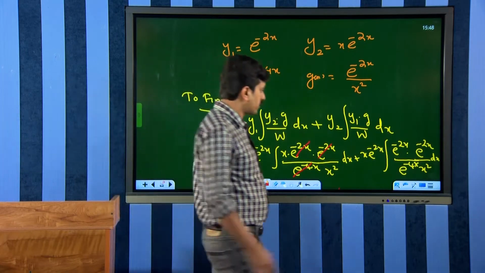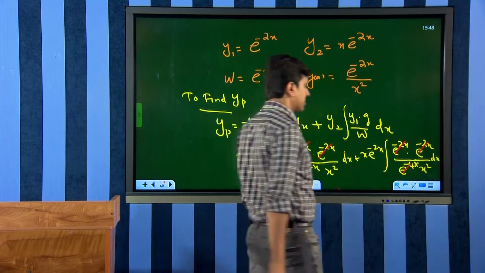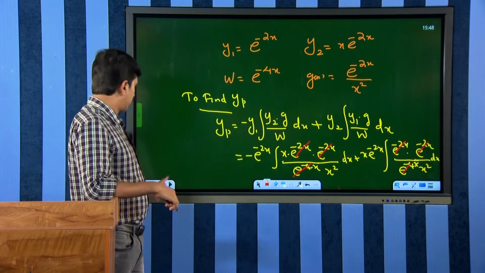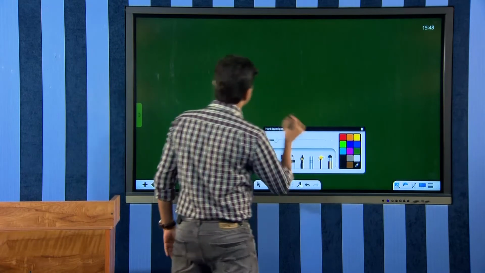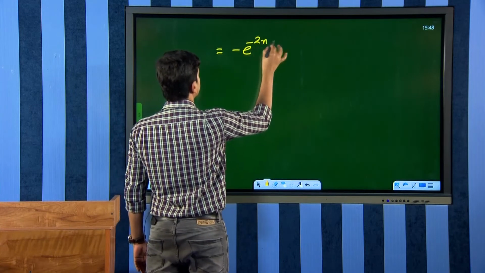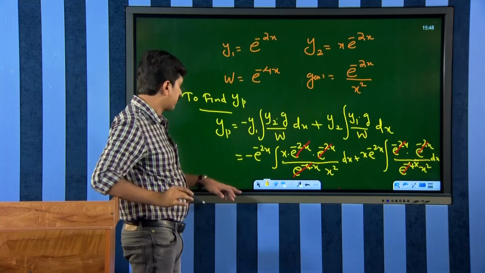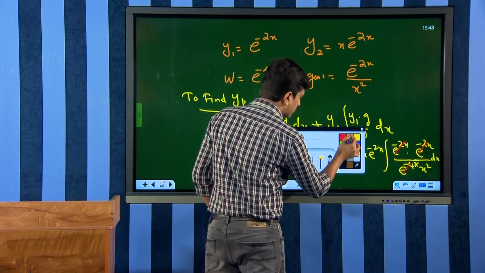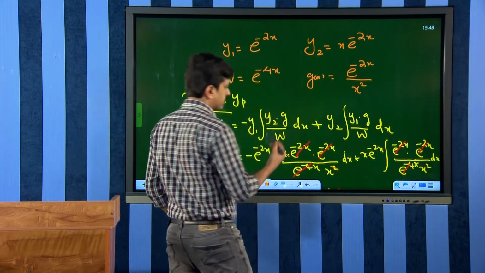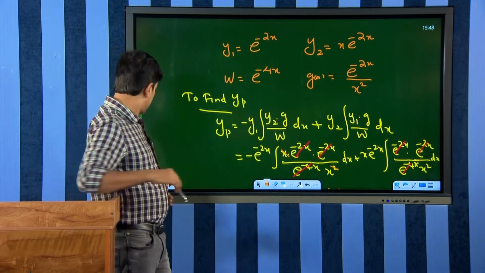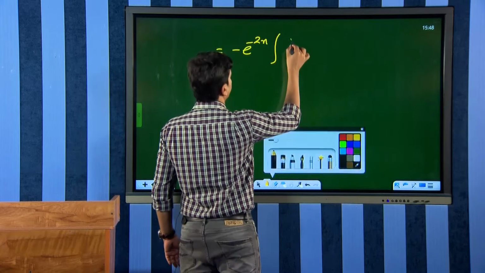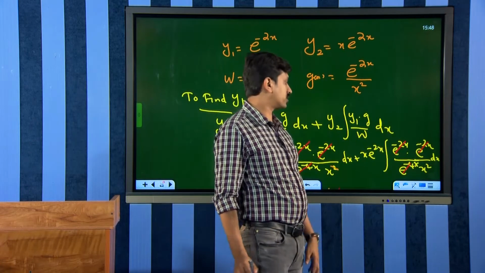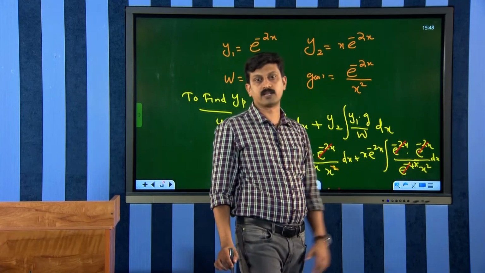So, finally, this is equal to minus e raised to minus 2x times the integral of, see here, we can cancel one x from here and one x from here, so 1 by x dx, plus x e raised to minus 2x times the integral of 1 by x squared dx.